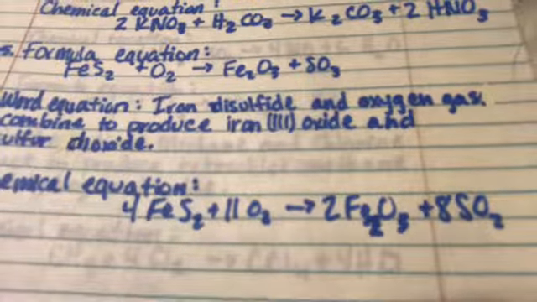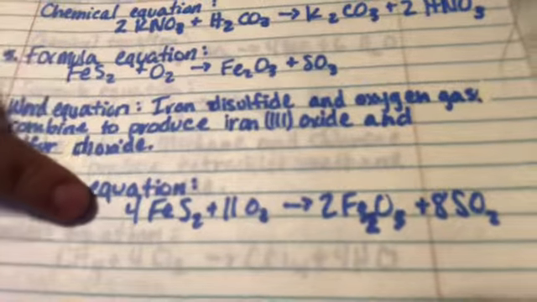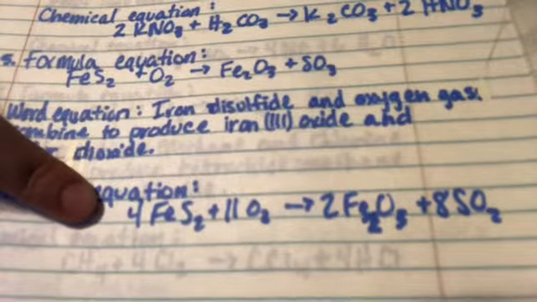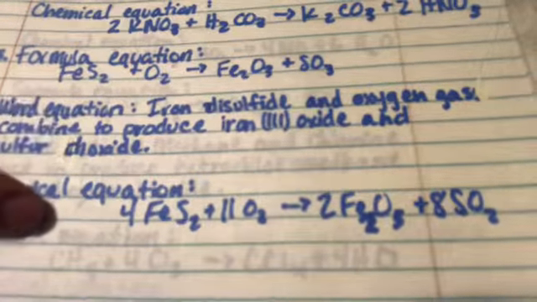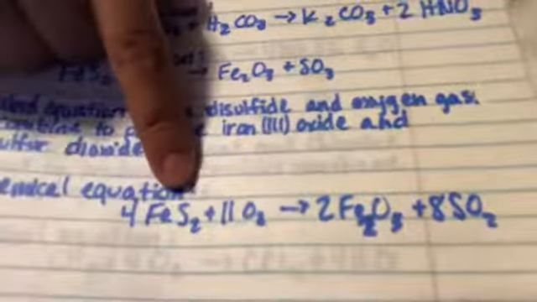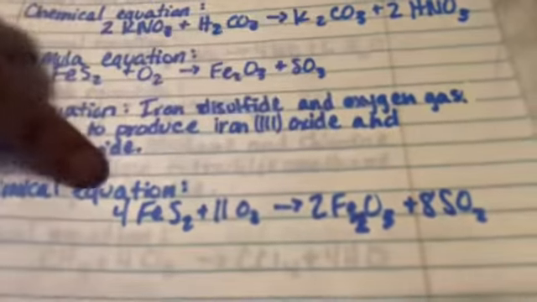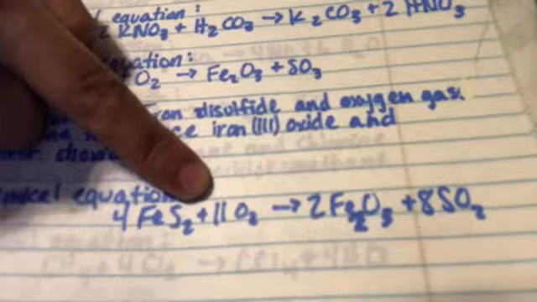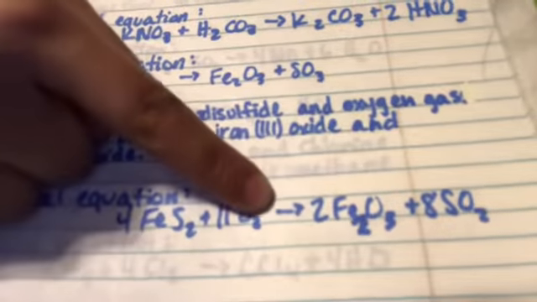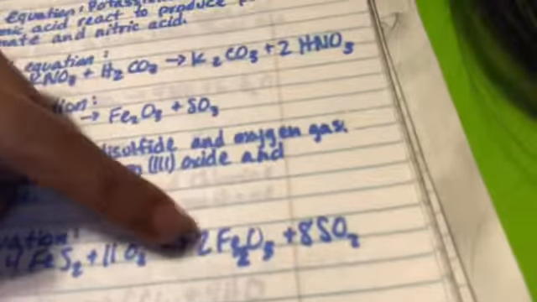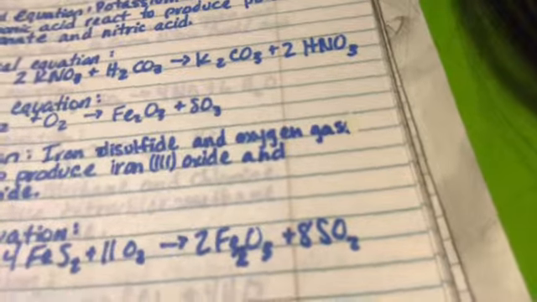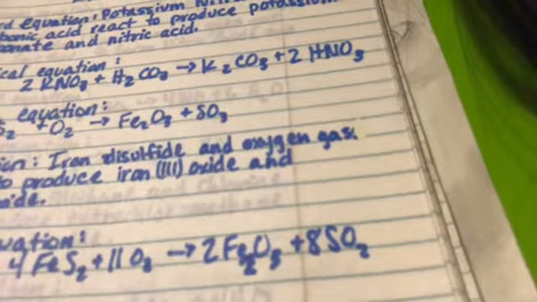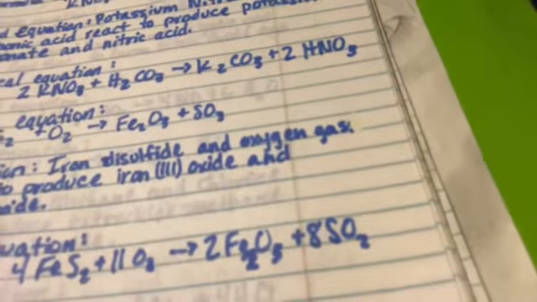So right here we see that we need 4 of the iron sulfide in order to balance it out from the reactants to the products. Then we need 11 of the oxygen, and it creates 2 of the iron 3 oxide and 8 of the sulfur dioxide.